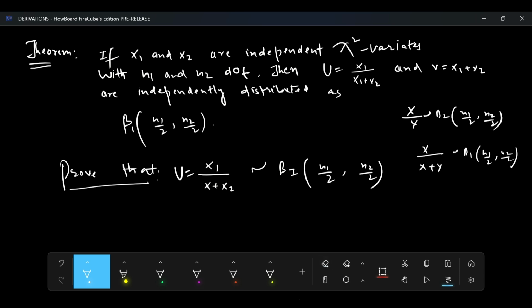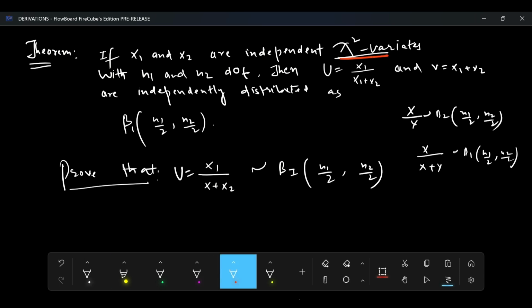So if you see somewhere that x1 follows gamma with n by 2 parameter comma 1 by 2, and x2 follows gamma n by 2 comma 1 by 2, then the ratio of x1 divided by x1 plus x2 will also follow beta, as chi-square is a special case of gamma distribution.